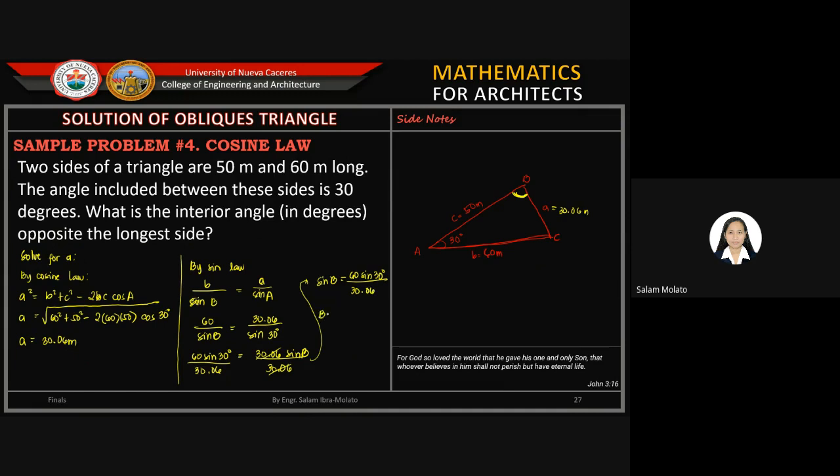So B therefore is equal to arc sine of 60 sine 30 degrees over 30.06. So please input that in your calculator and it will give you an answer of 86.38 degrees. And that is the angle at B, which is the opposite of the longest side.